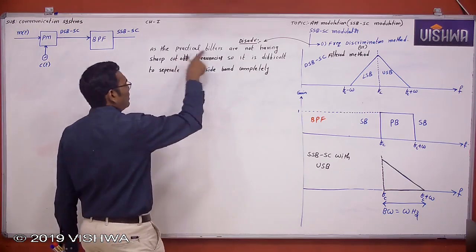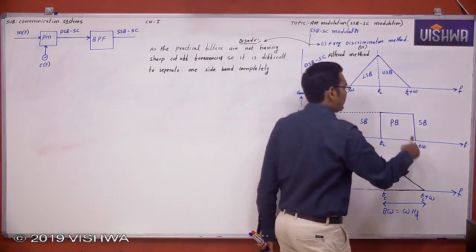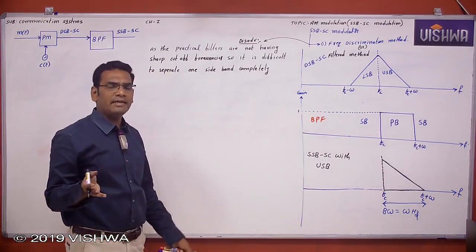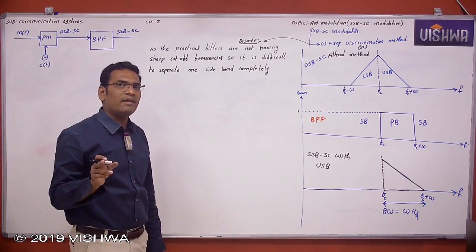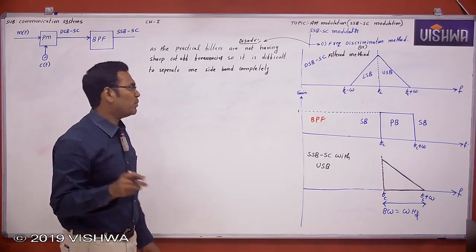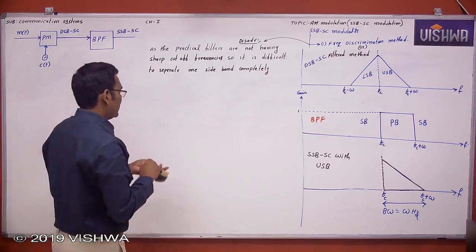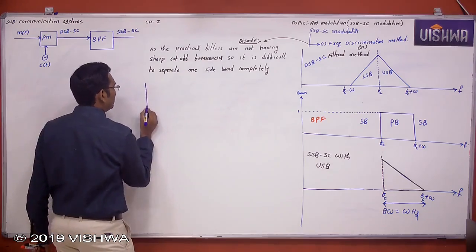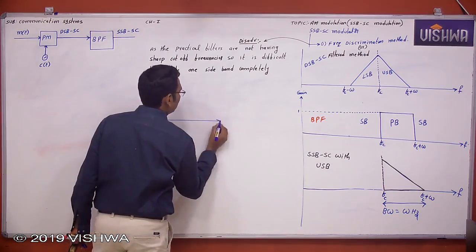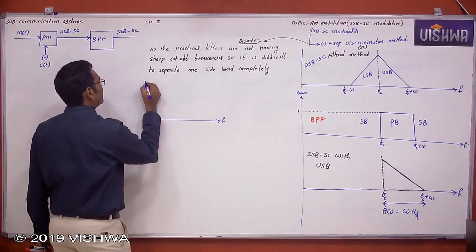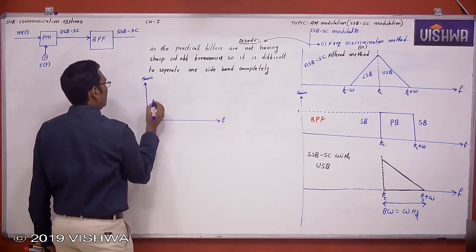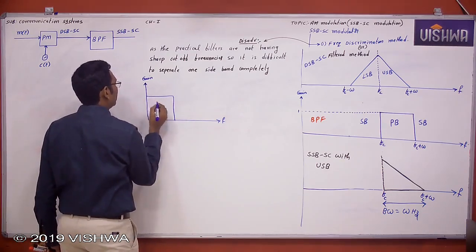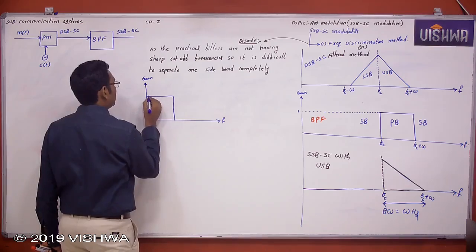Filters having sharp cutoff frequencies are nothing but ideal filters. Ideal filters have sharp cutoff frequencies and zero transition bands. What are practical filters like? Let me show the differences. This is the gain versus frequency characteristic of an ideal low pass filter, with the cutoff frequency and the pass band.